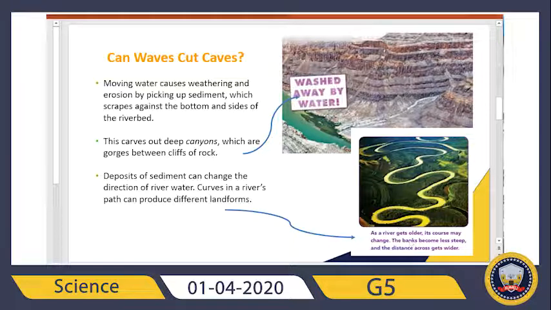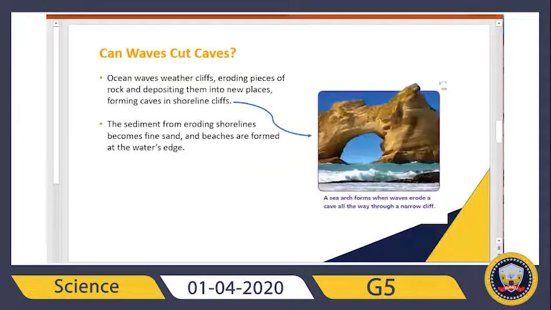So when the river gets older, the route it takes can change. It may get more straight because of this deposition of different sediments.